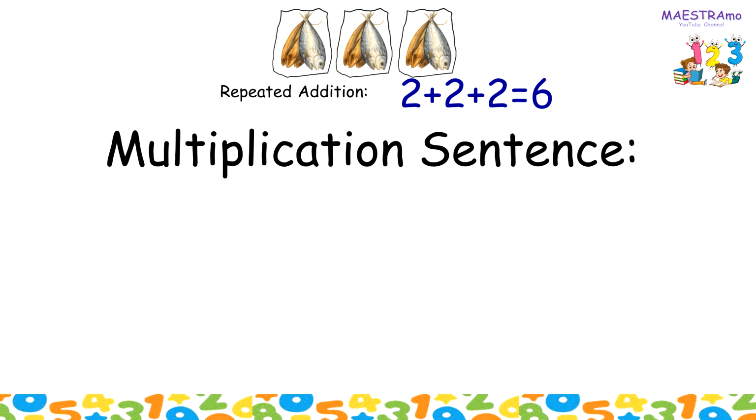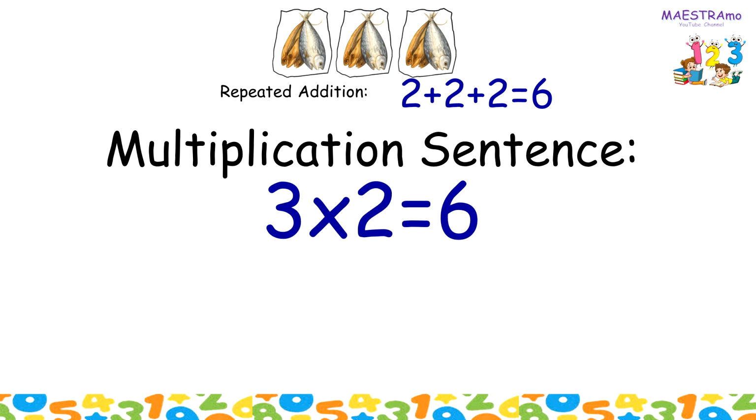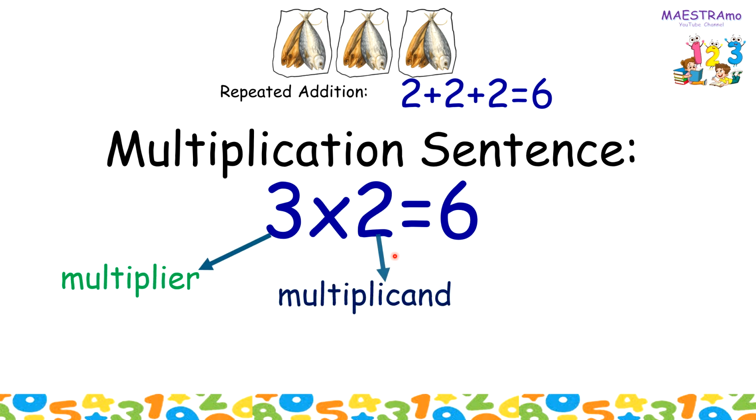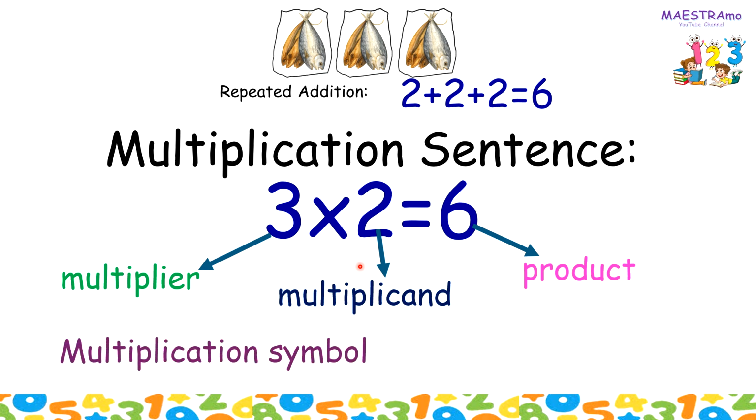In our multiplication sentence, the number 3 is called multiplier. The number 2 is called multiplicand. The number 6 is called the product. The letter X is a multiplication symbol. It is read as times.